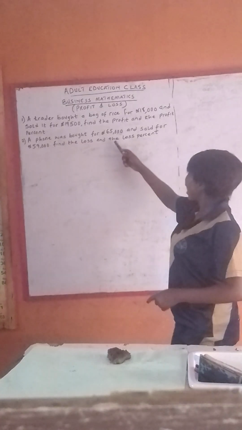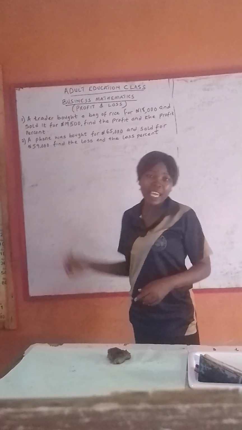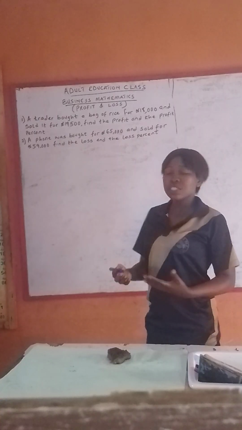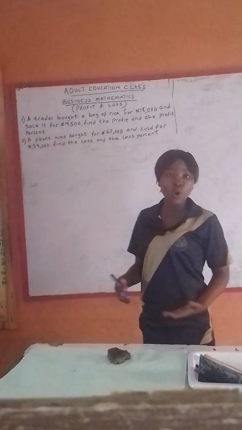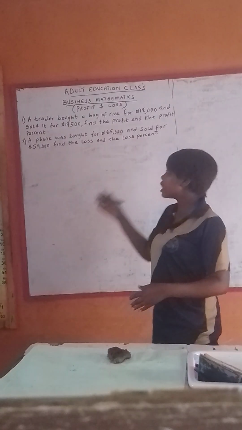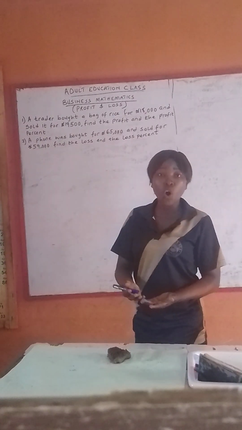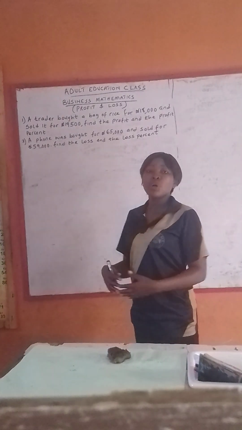Find the loss and the loss percent. Here, the questions are just exposing to us that when we are dealing in a business, either you make a profit or you lose.